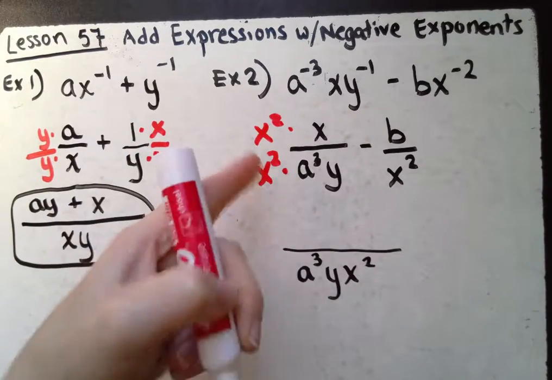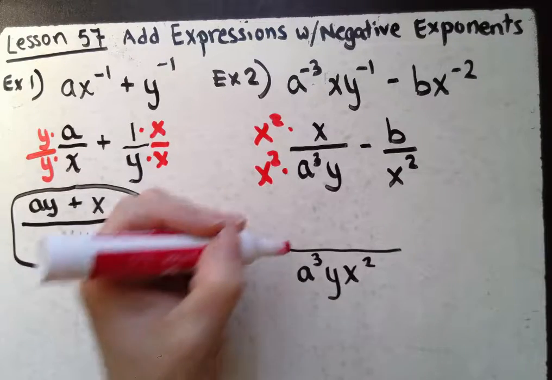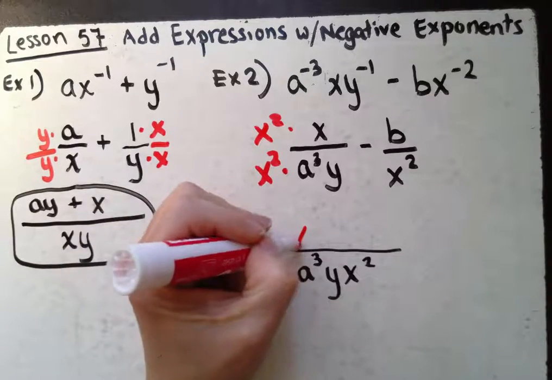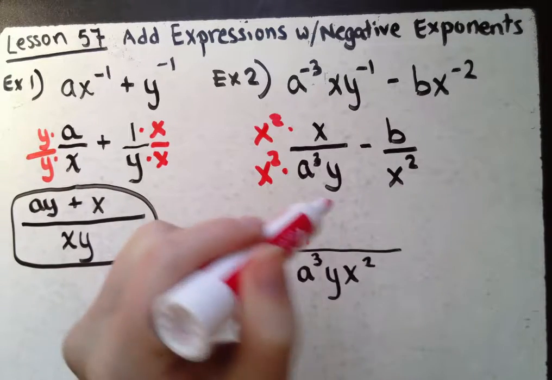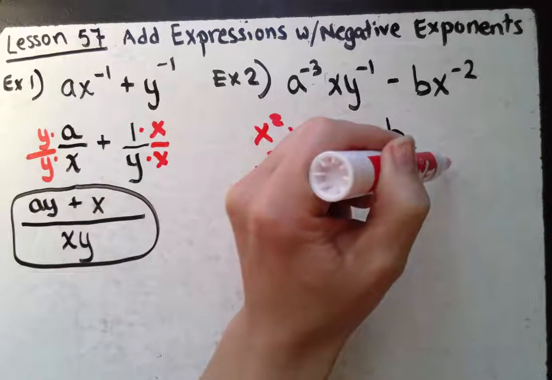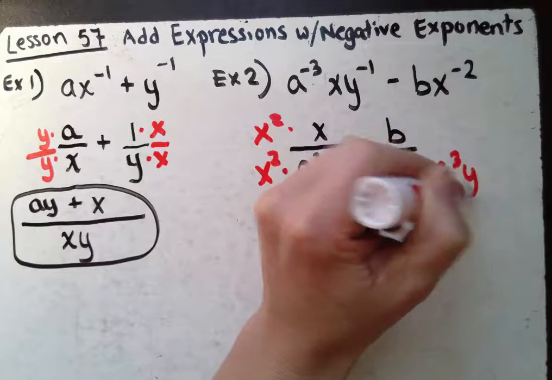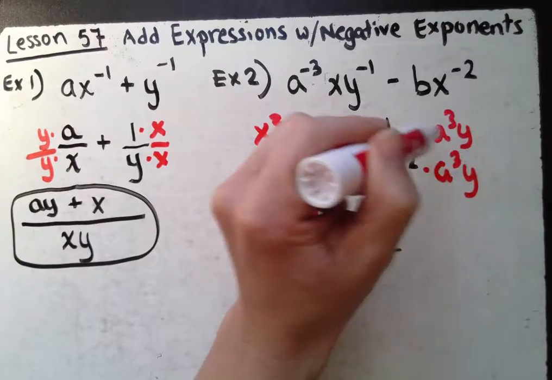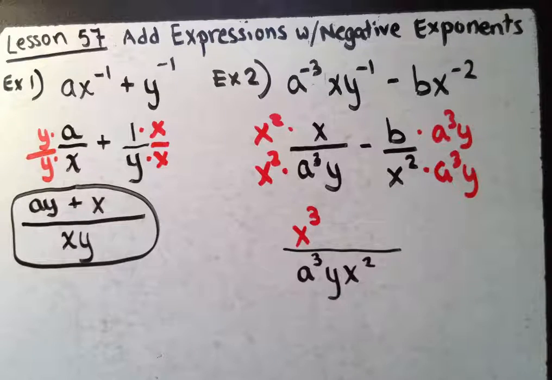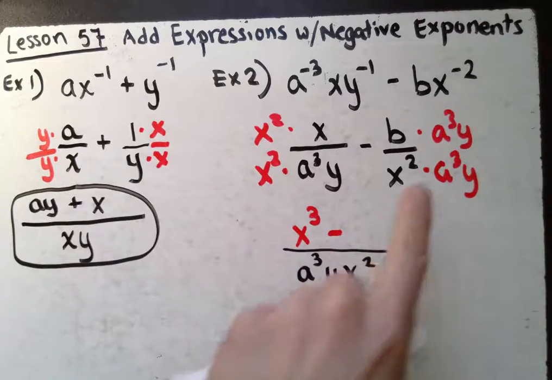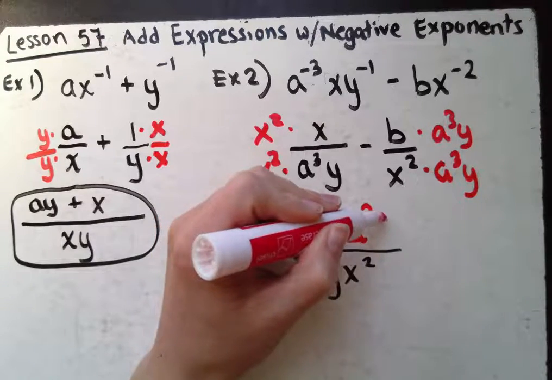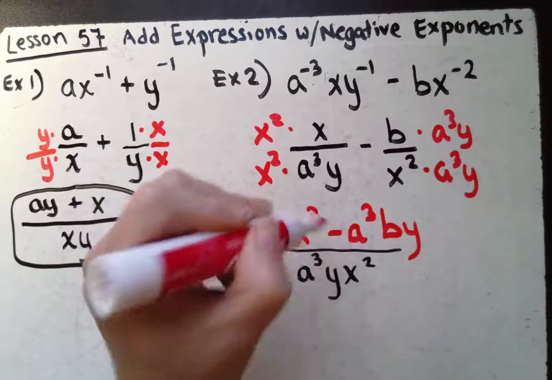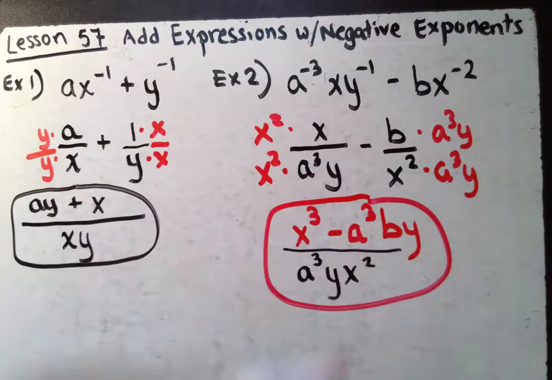So that would give me x squared times x is x to the third. I'll just go ahead and write that in red. And then the second one needs to be multiplied by the other denominator, by a cubed y. And then that would give me minus b times this. So I can write it in alphabetical order, a cubed times b times y. And now it's all consolidated into one fraction.